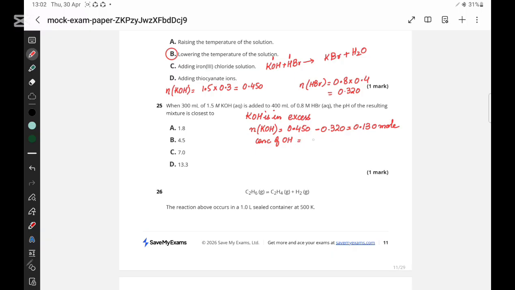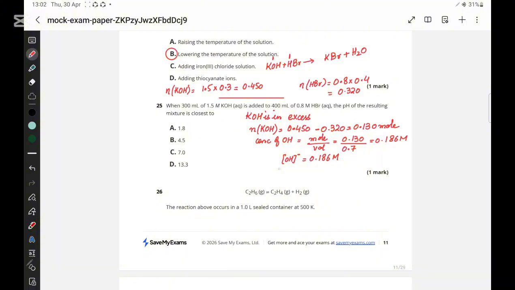The concentration of OH ions is moles divided by volume. Moles is 0.130. The volume, when we mix them, becomes 700 milliliters. 700 milliliters divided by 1000 comes out to be 0.7, and this comes out to be 0.186 molar. This is basically the concentration of OH ions, and that is 0.186 molar.